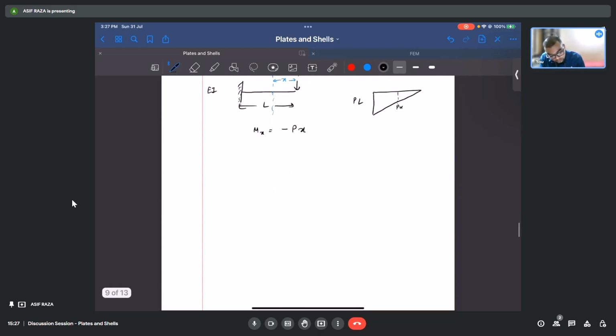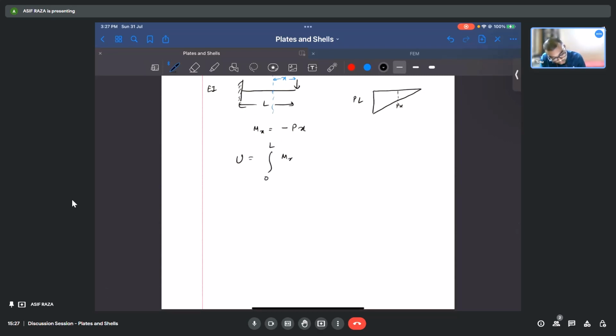The elastic strain energy stored in the structure is the integral from 0 to L of M_x squared upon 2EI dx. So it will come out to be the integral of (minus Px) squared upon 2EI dx.